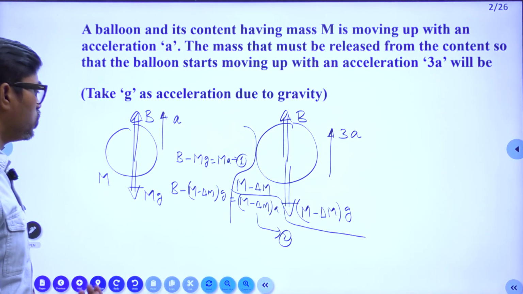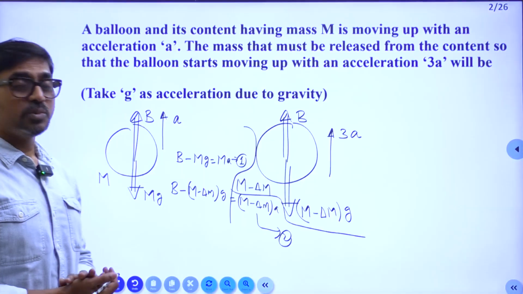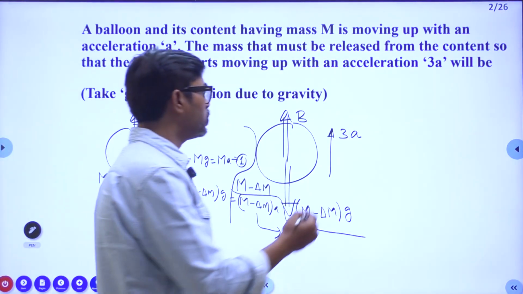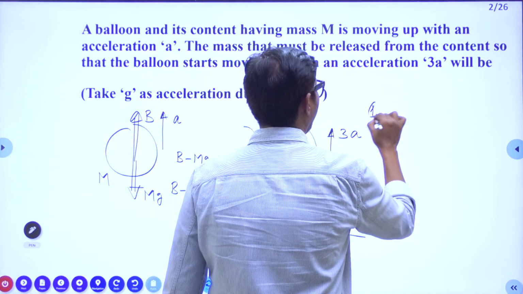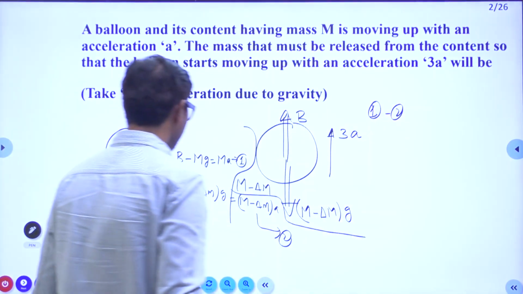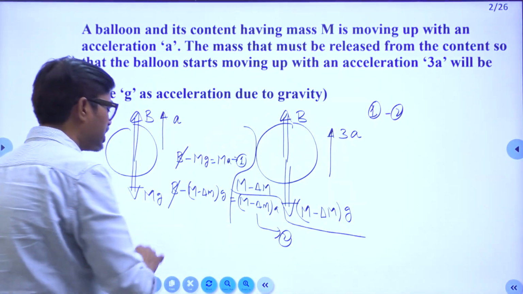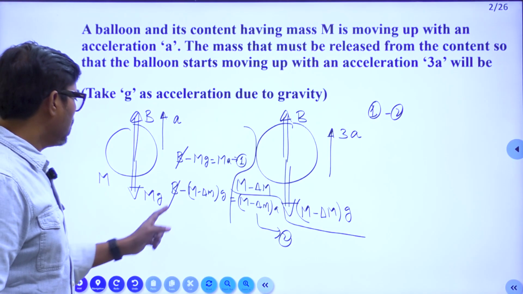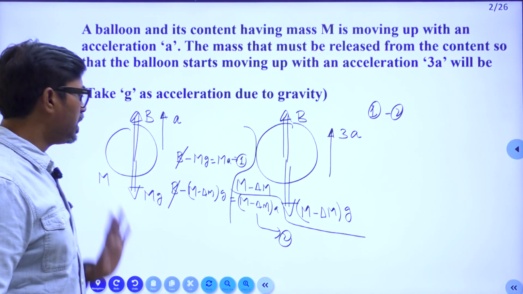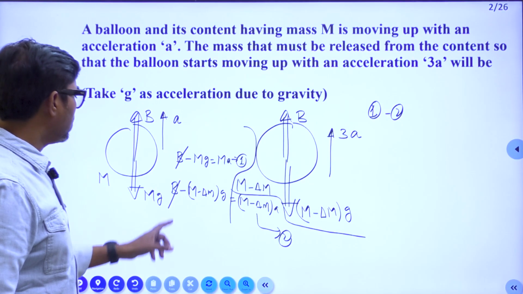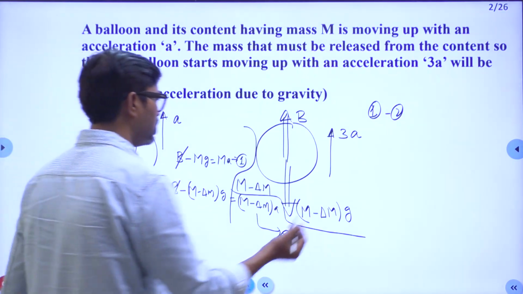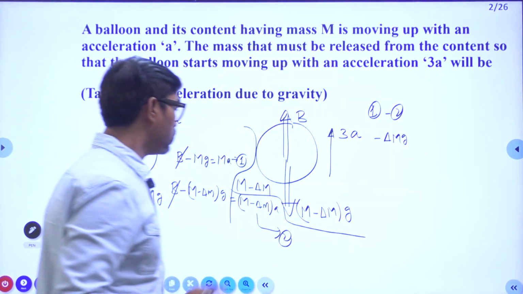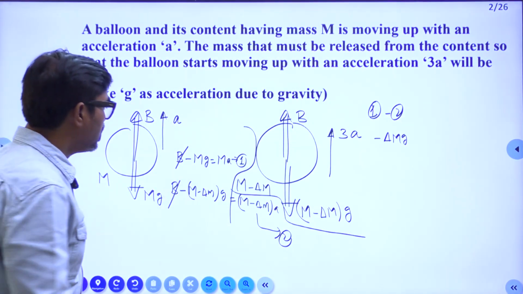Now we need to solve these two equations. I don't want force of buoyancy because they didn't give it. So we'll just take the subtraction. If I do 1 minus 2, then you see that B gets cancelled out and Mg also gets cancelled out. Then I'm going to have delta m g here, so there is a reduced weight, and what do I get here?